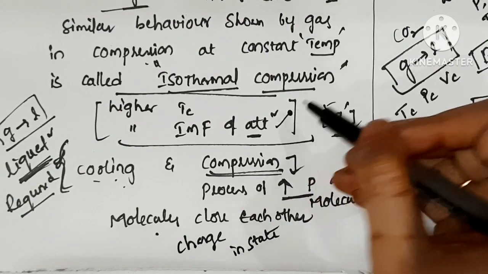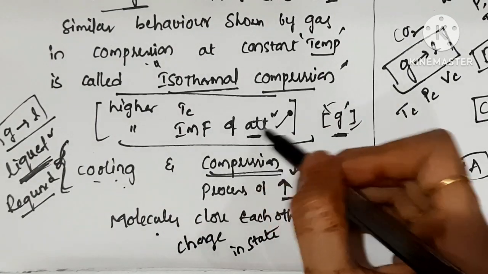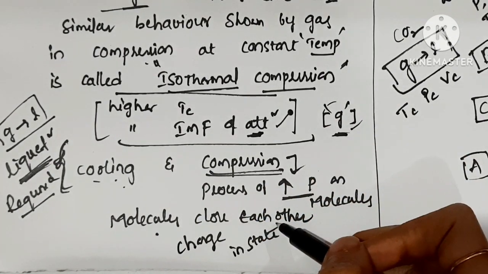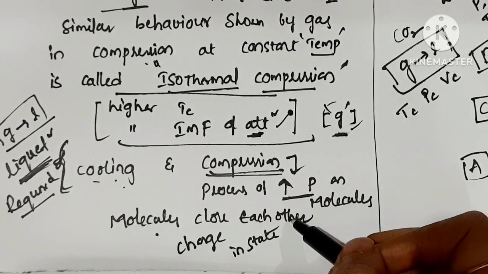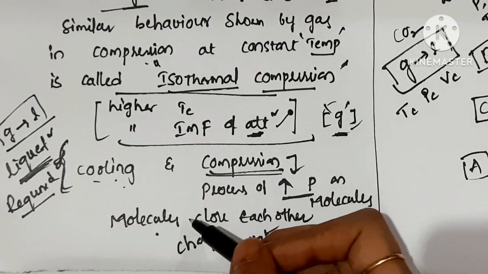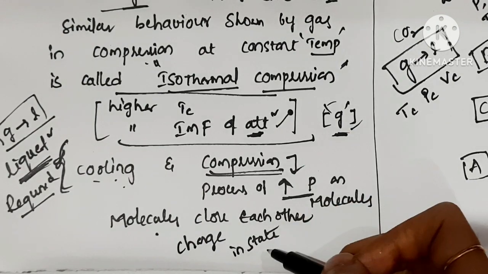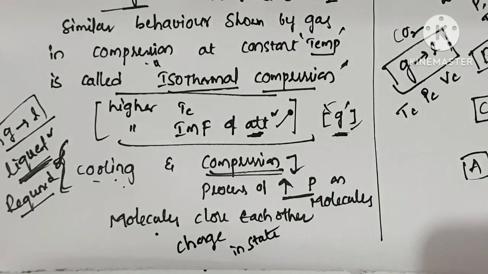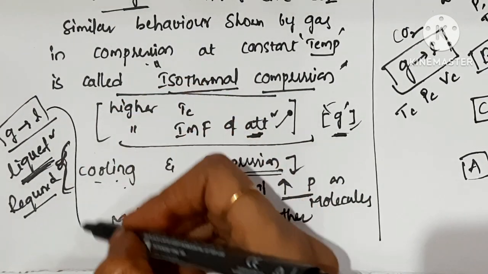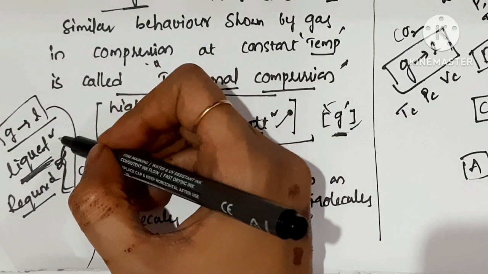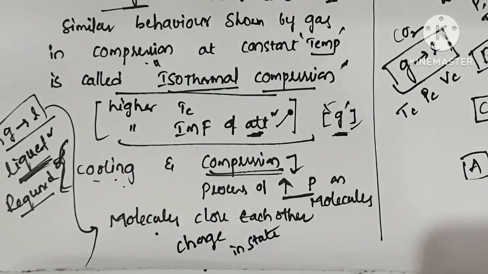That means more forces of attraction means molecules are close to each other. So when molecules are close to each other, there is a change in state, that means gaseous state to liquid state. That means the liquefaction process happens.